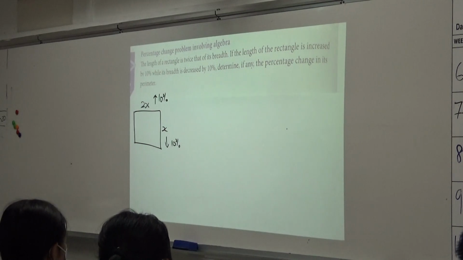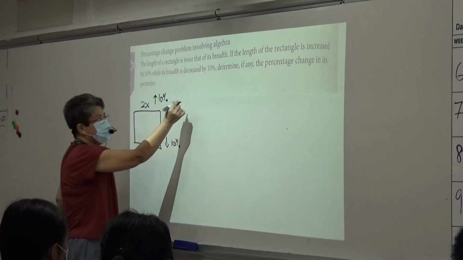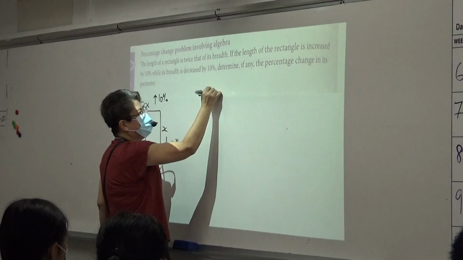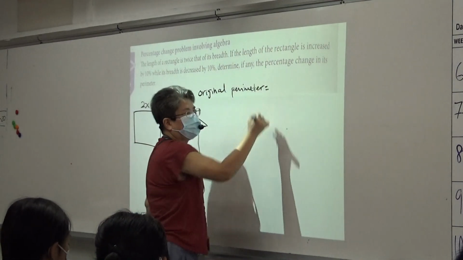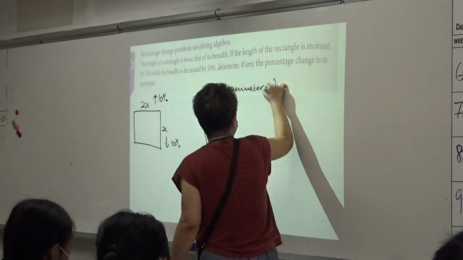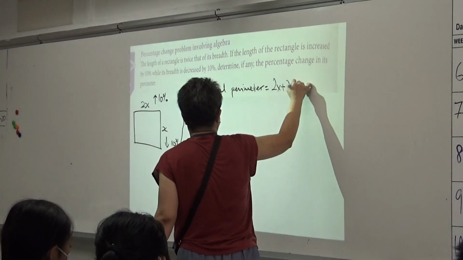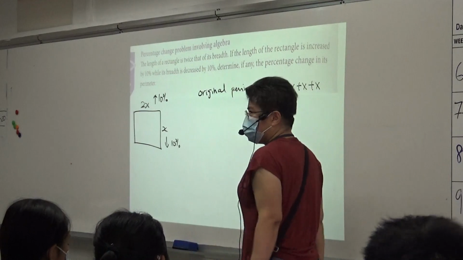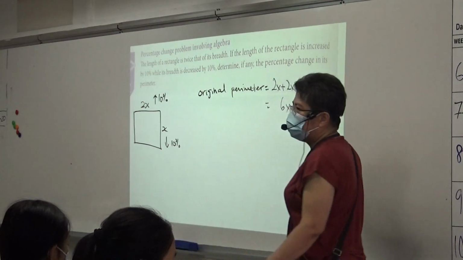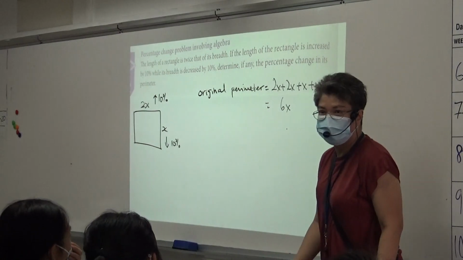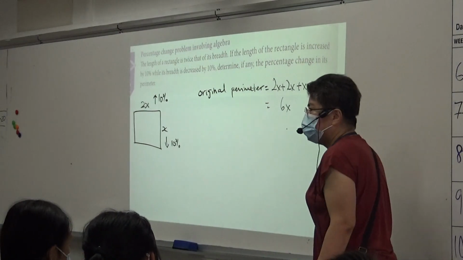Okay. Can you tell me what is the original perimeter? 2x plus 2x plus x plus x, right? All together? 6x. It can be cm, meter, or whatsoever. It doesn't matter, right? Just make sure the units are the same.